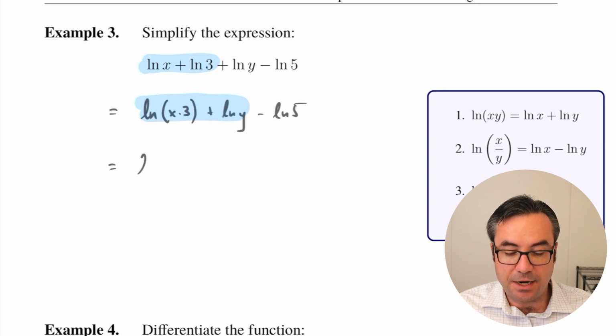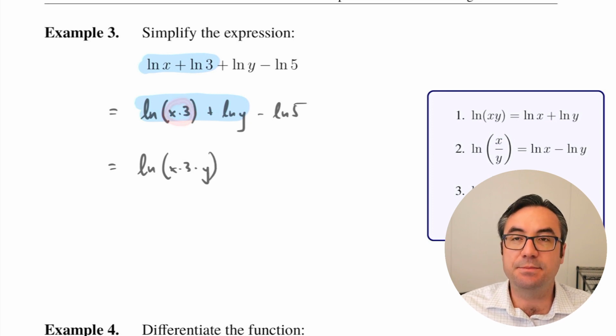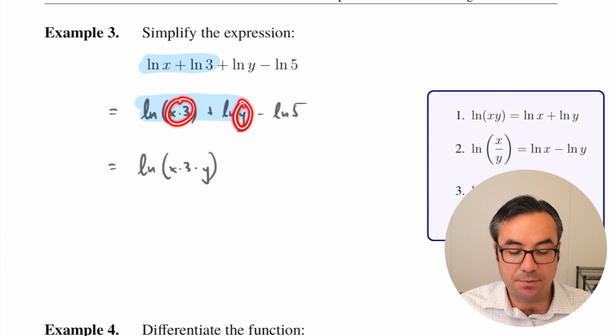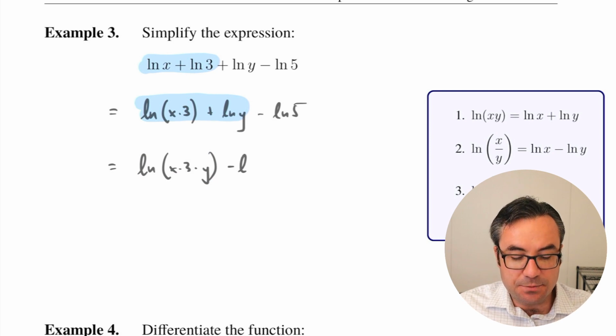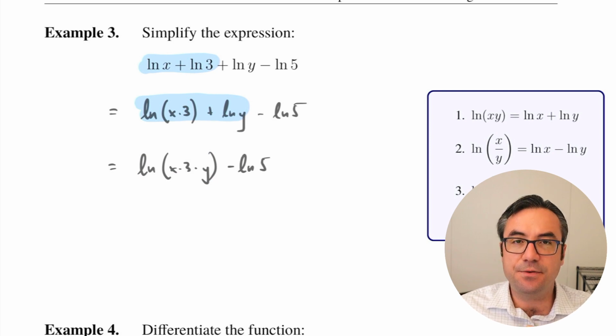So we end up with natural log of x times 3 times y. So basically I'm taking the x times 3 from here, and then I'm multiplying it with the y. And then we have just one single log. And then I'm still subtracting the natural log 5.